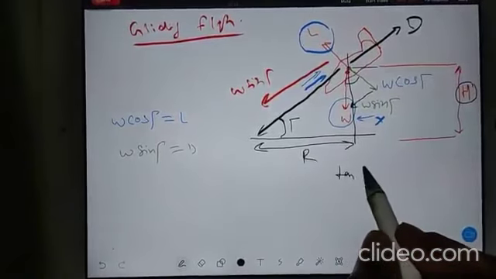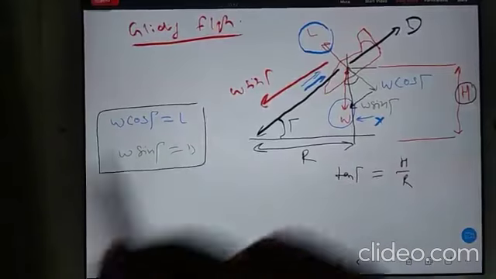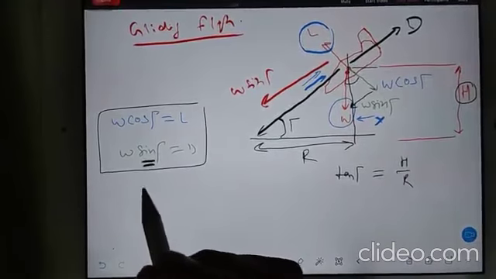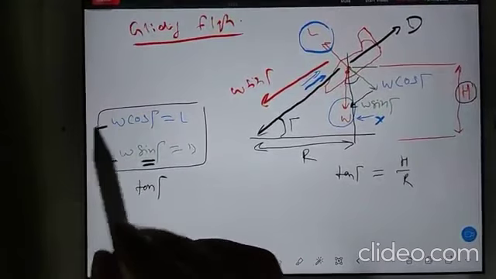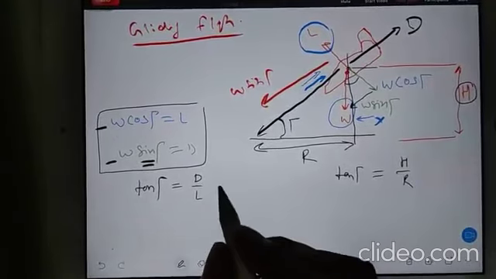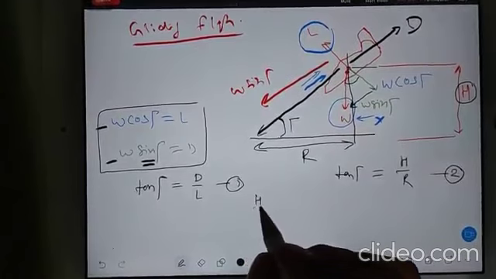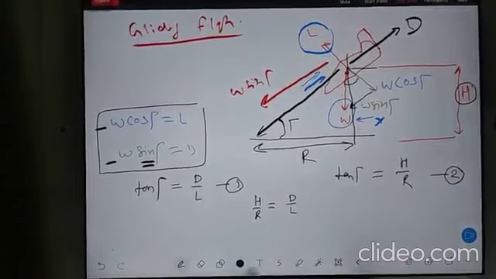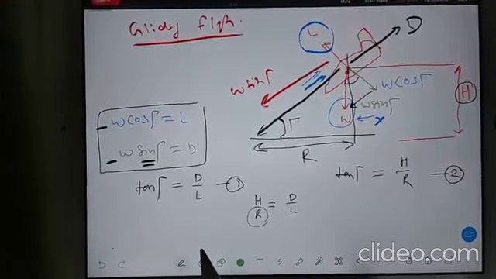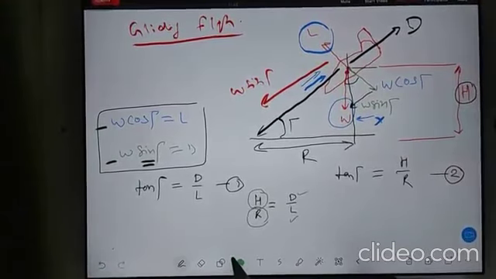According to tan gamma, from the triangle you are getting h by R, and from the equations, if you divide this equation by this equation, you will get tan gamma is D by L. So I can equate both the equations: h by R is equal to D by L. And from here you can know how much range you will cover when you are gliding from this much height and the aircraft is producing this much lift and drag.